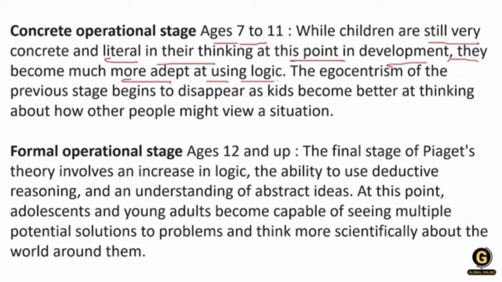The egocentrism of the previous stage begins to disappear as kids become better at thinking about how other people might view a situation. Now here, the children will start thinking about a situation, like why this is happening, what is the reason behind this situation.